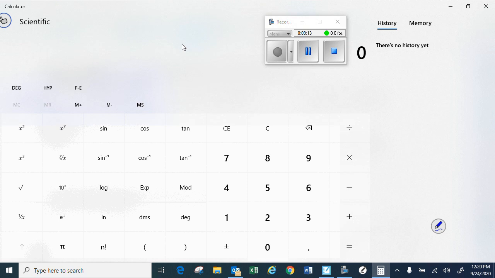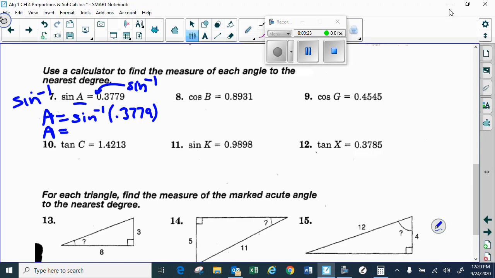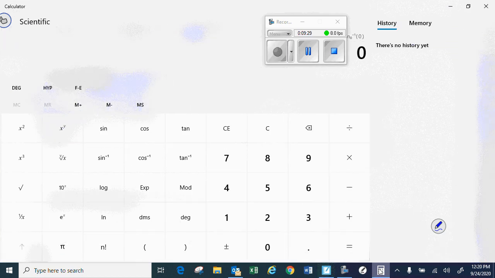All right, so here's our inverse button right here. Now in this calculator, if I hit inverse first, it's not going to do what we want. Sometimes with scientific calculators, you have to do the decimal first and then inverse, which is what it is on this one.